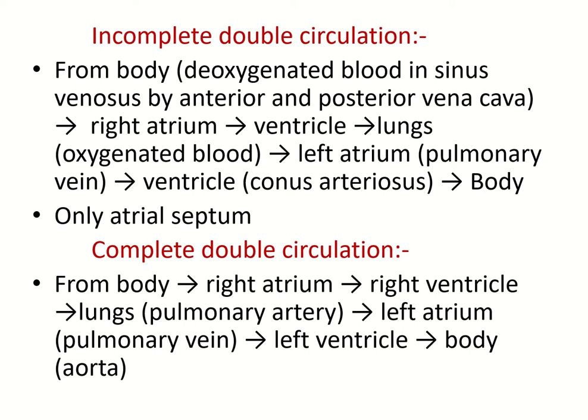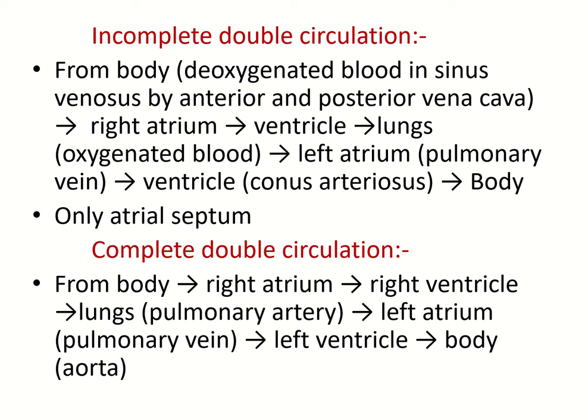Then from the lungs the blood enters the left atrium by means of the pulmonary vein, and then from the left atrium into the ventricle again through the conus arteriosus. Here you can see the oxygenated and deoxygenated blood within the ventricle is a little bit mixed. That's why the circulation is called incomplete double circulation. Then from the ventricle it is driven to all parts of the body.